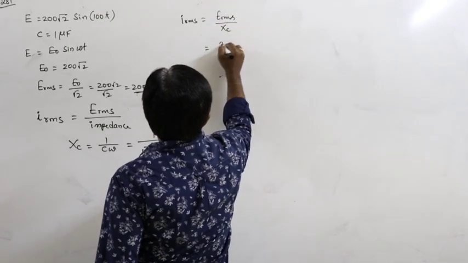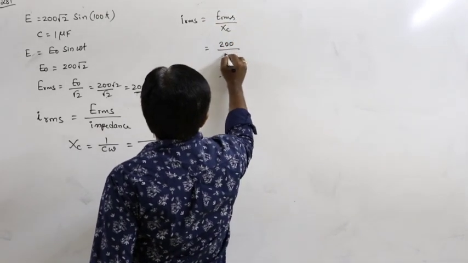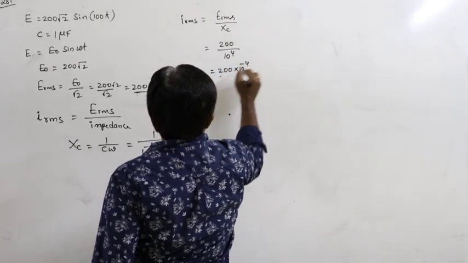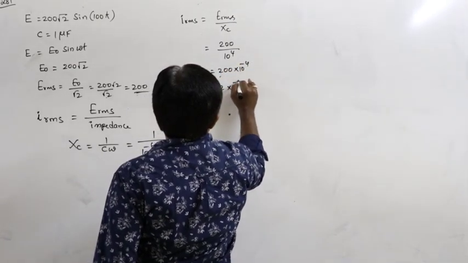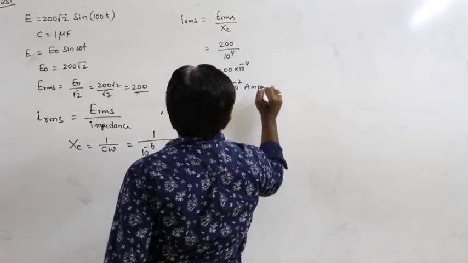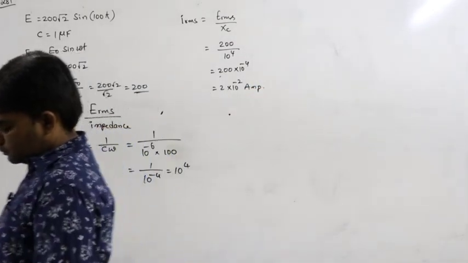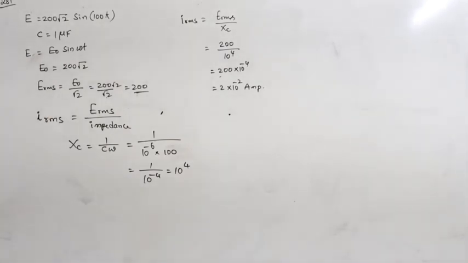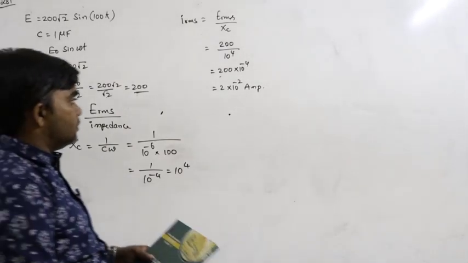So 200 divided by 10 to the power of 4. So 200 into 10 to the power of minus 4. 2 into 10 to the power of minus 2 ampere, or 20 milliamperes.